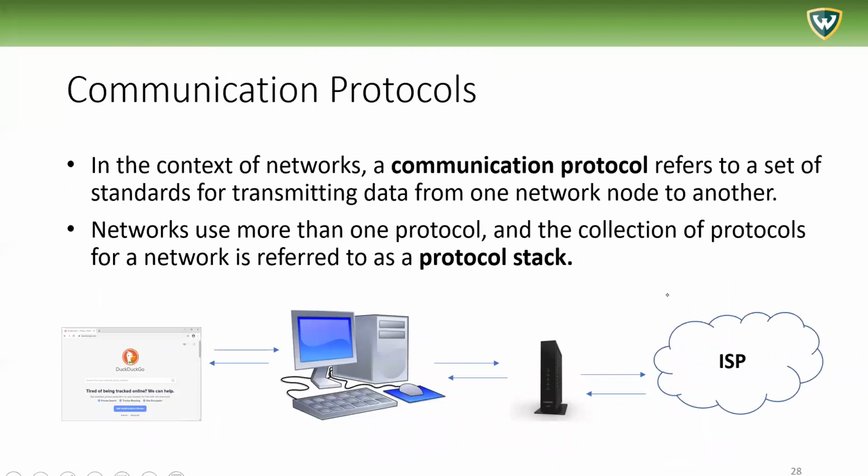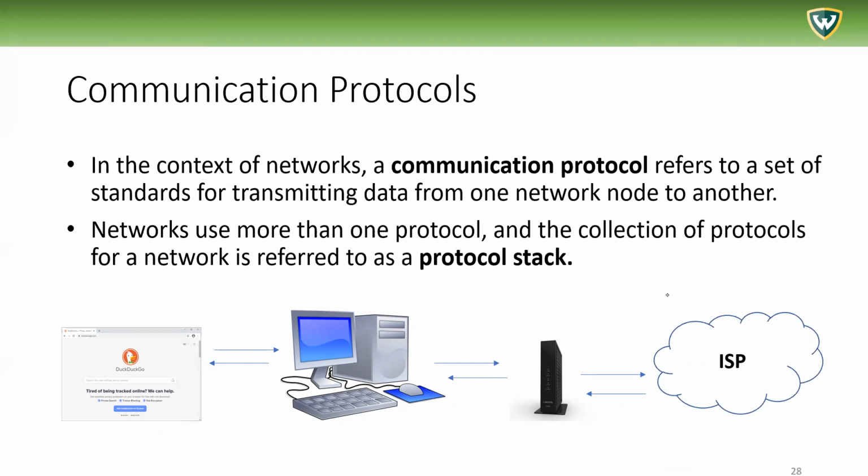For that to happen, there need to be what are called communication protocols, which are the set of standards for transmitting data from one network node to another. Networks use more than one protocol, and the collection of protocols for a network is referred to as a protocol stack.